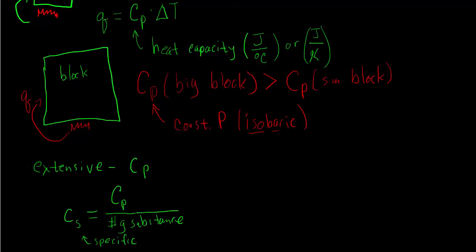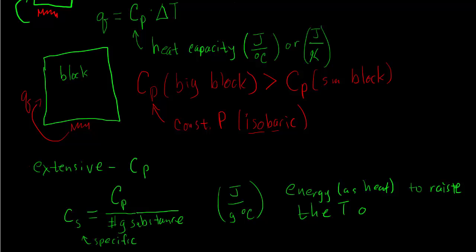If we divide the heat capacity by the number of grams of that substance, we'll get the specific heat capacity. And so specific heat capacity has units of joules per gram degree Celsius or degree Kelvin, either way. What it is, is the energy delivered as heat to raise the temperature of 1 gram of substance by 1 degree Celsius at constant pressure.